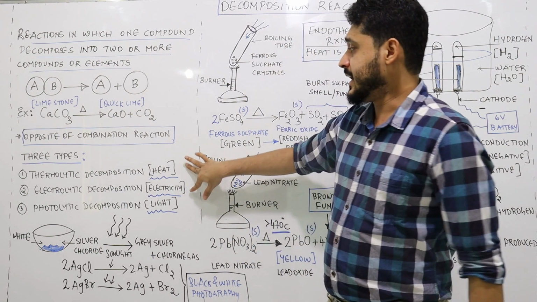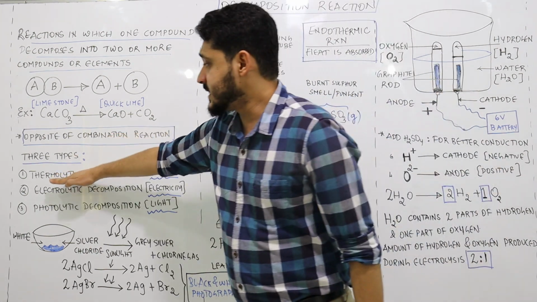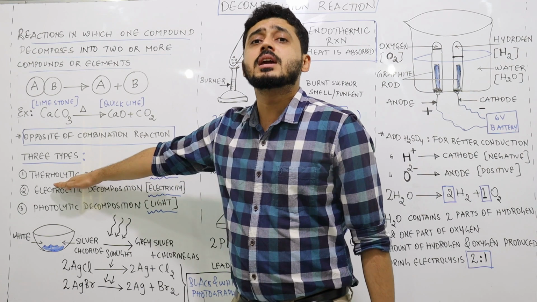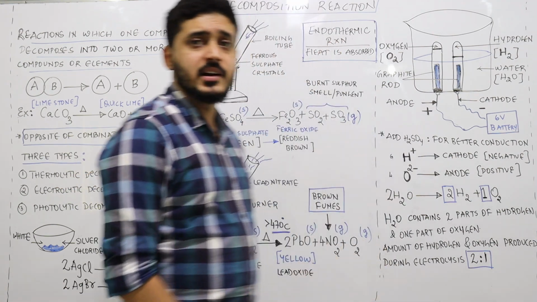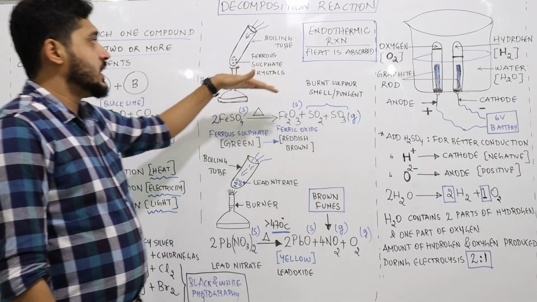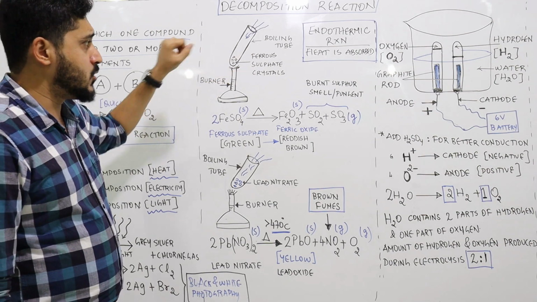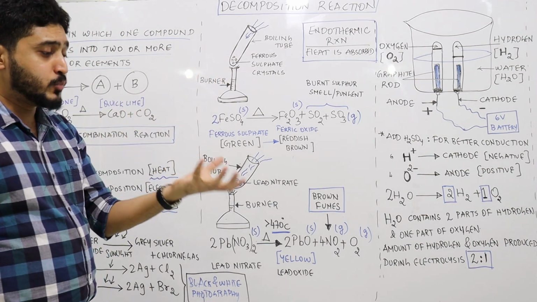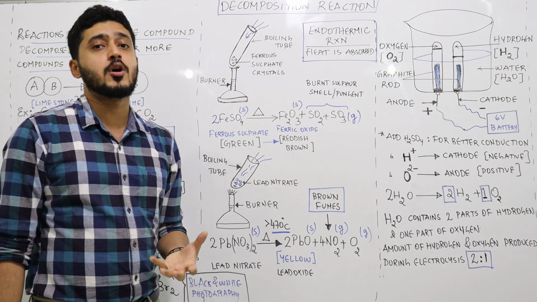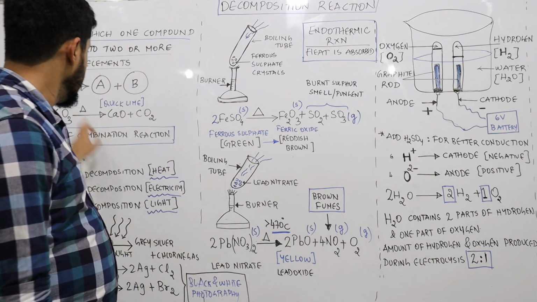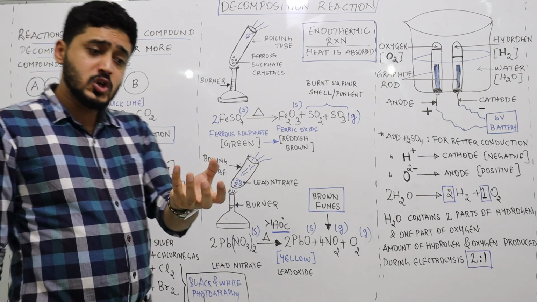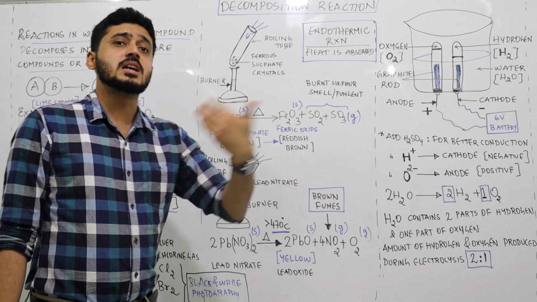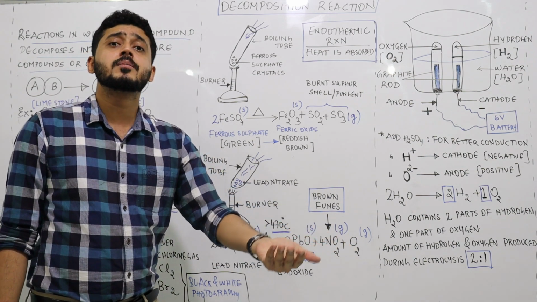Now let's discuss what a thermolytic decomposition reaction is. In a thermolytic decomposition reaction, you provide heat as the form of energy. You have a single reactant, and by absorbing heat, it gets decomposed into 2 or more products.